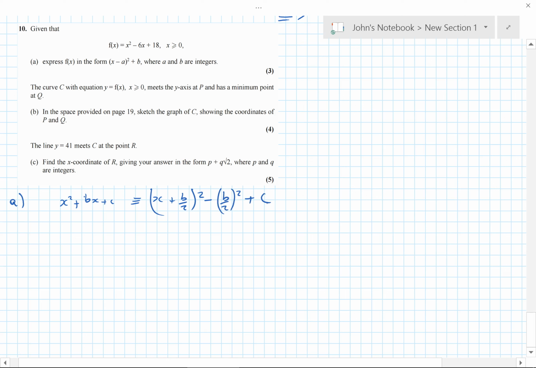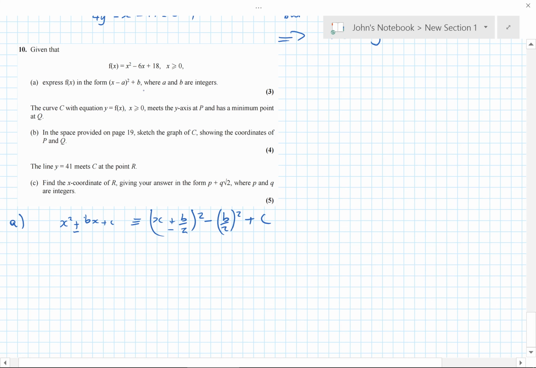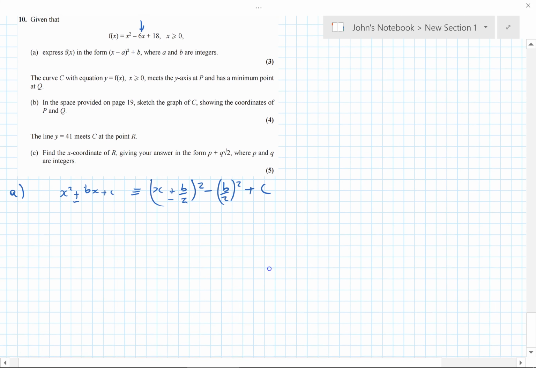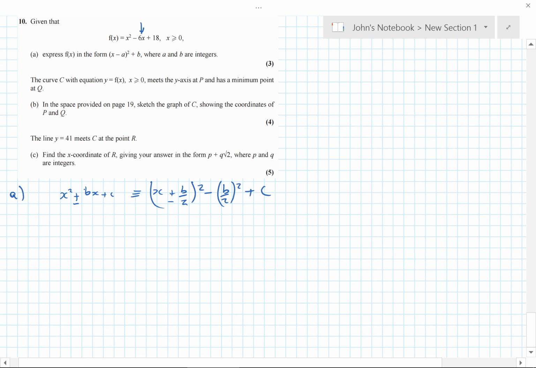But basically all we're doing is well, of course this could be minus as well, so whatever the sign of this is, you keep in the bracket. So you could have a minus here as well. But basically all we're doing is we're halving the value of b and taking away the square of whatever that value is in the bracket.